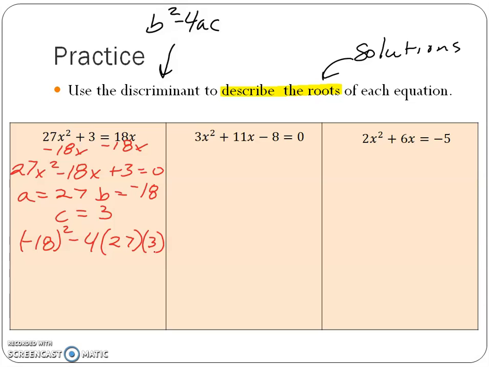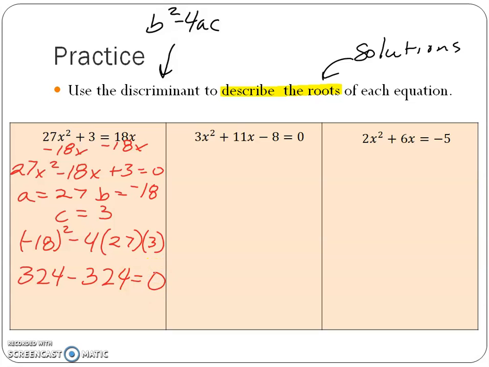So I end up with 18 squared, which gives me 324, minus 4 times 27 gives me 96, times 3, whoops, I must have put that in wrong. 4 times 27 gives me 108, times 3 gives me 324. So 324 minus 324 equals 0.